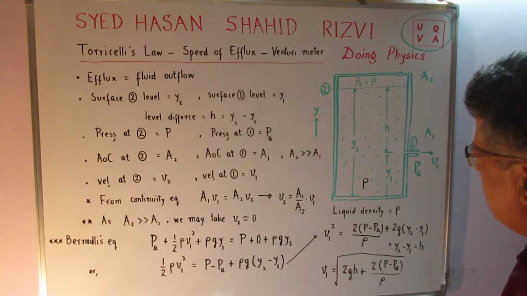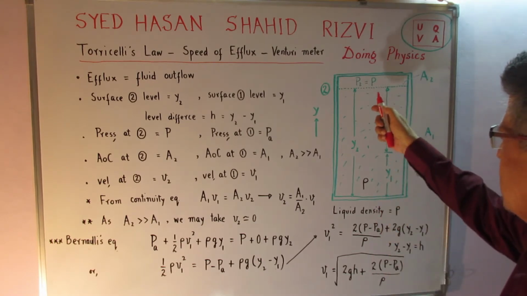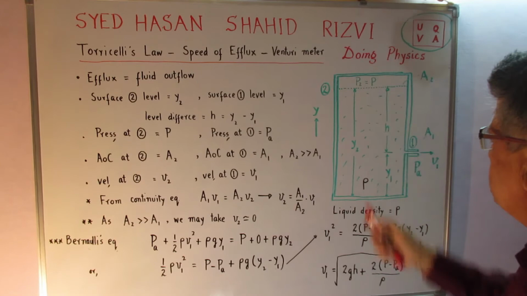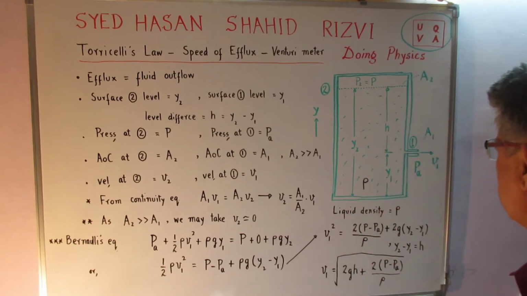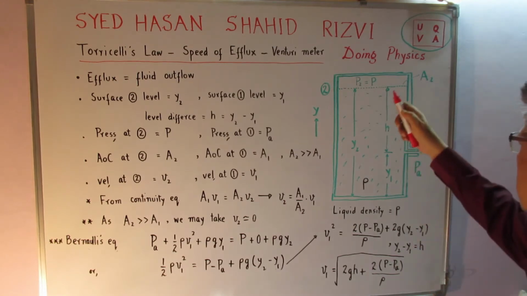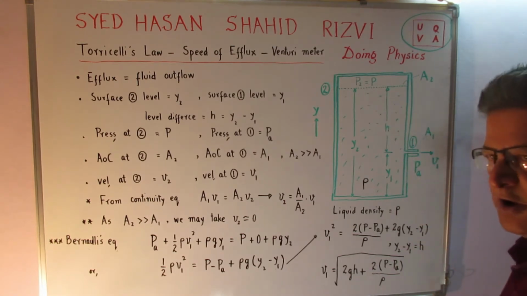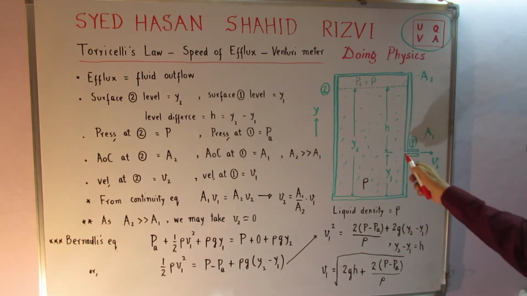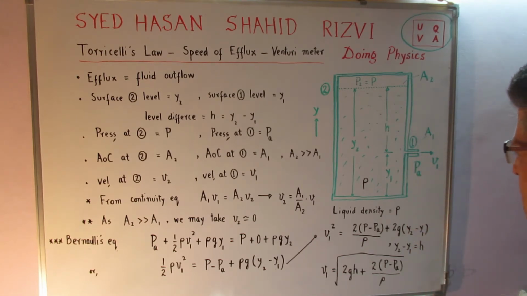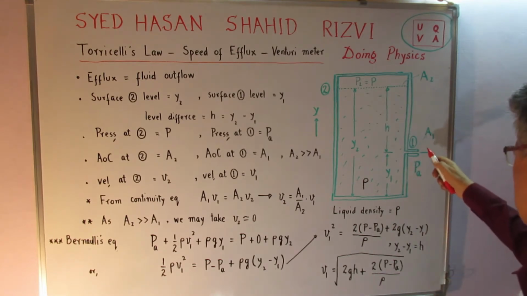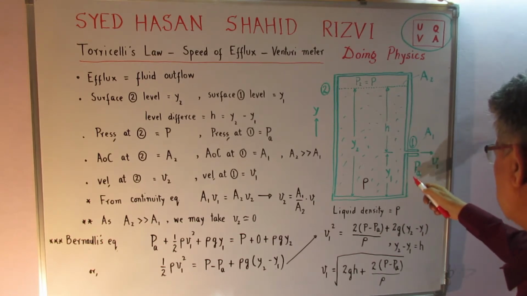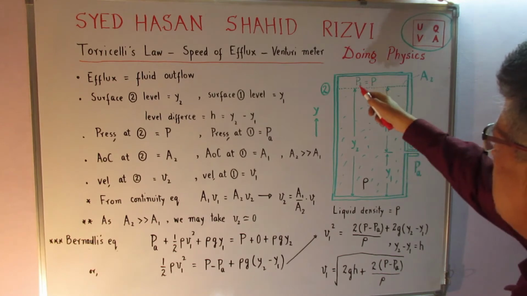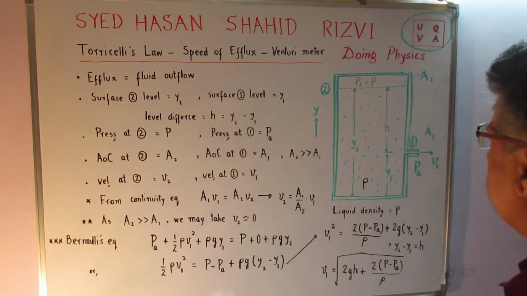So the liquid right now is at the level Y2 above the reference point, and it has got a nozzle kind of a structure here from which the efflux will take place, and we will talk about the velocity or speed of efflux. Because it is exposed to the atmosphere, the pressure over here is the atmospheric pressure, and the pressure over here, P2, we write as simply P.